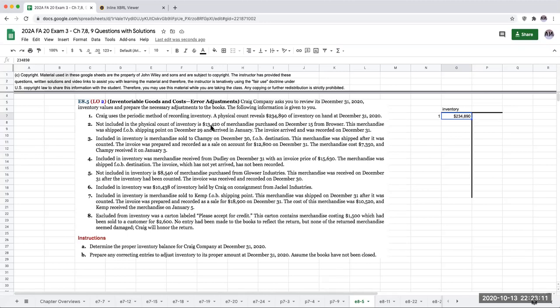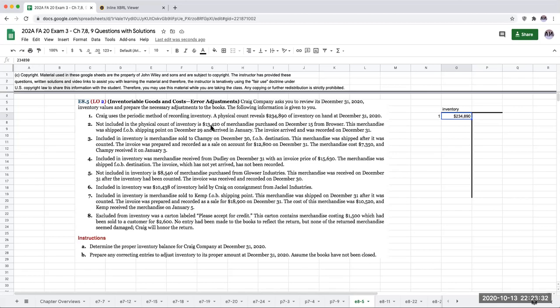So when did I take title? So FOB refers to free on board. I will never ask a student again what FOB means, because guess what they'll say? It means free on board. It refers to when we take title to the inventory.